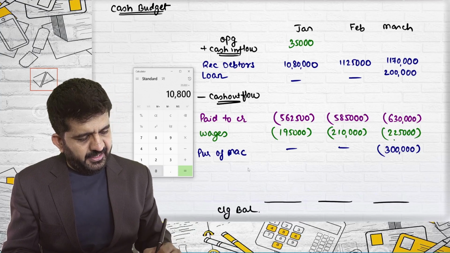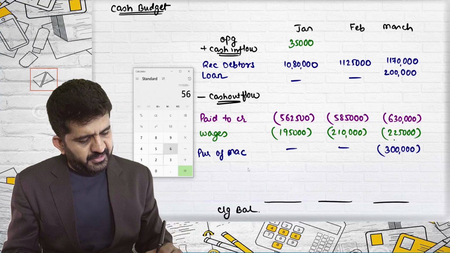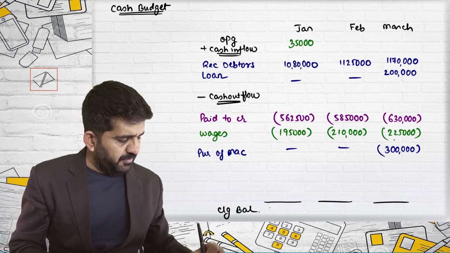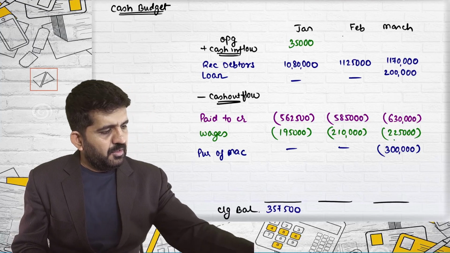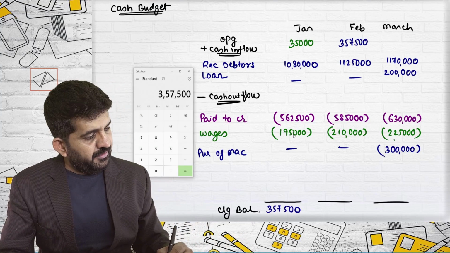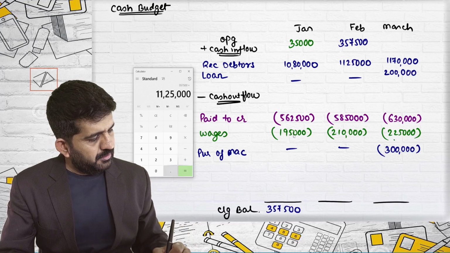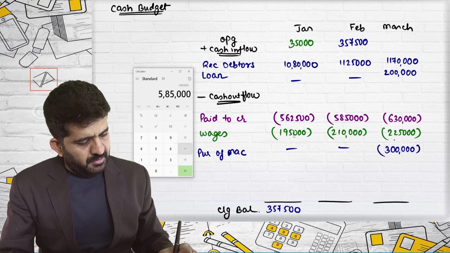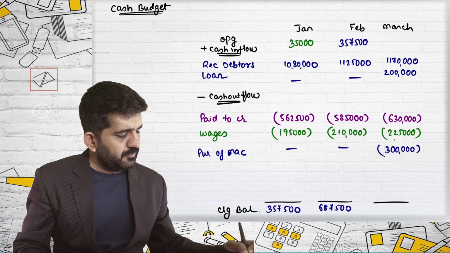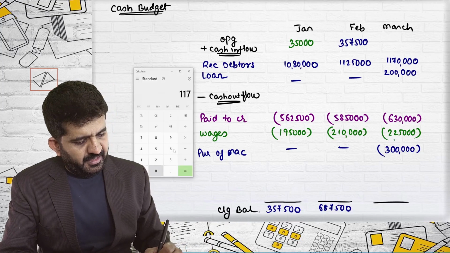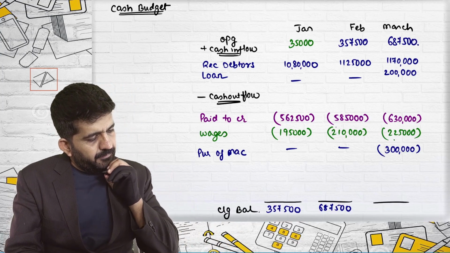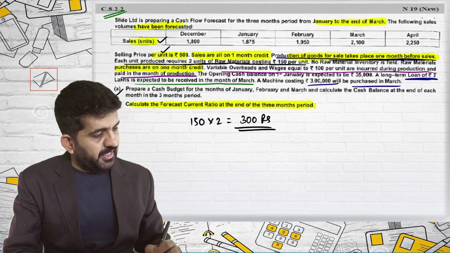35,000 plus 10 lakh 80,000 minus 562,500 minus 1 lakh 95,000 is 357,500. It will become the opening balance of February. 357,500 plus 11 lakh 25,000 minus 5 lakh 85,000 minus 2 lakh 10,000 is 687,500. It will become my opening balance for March.